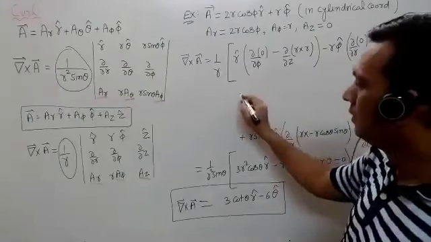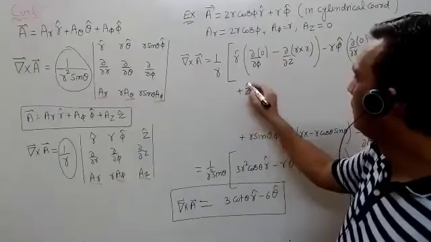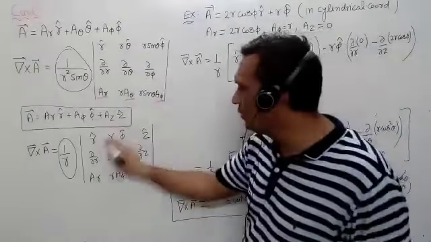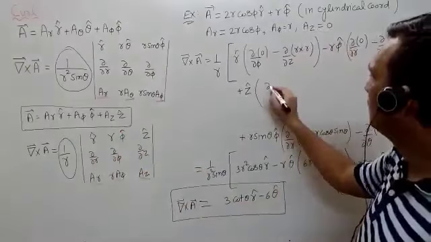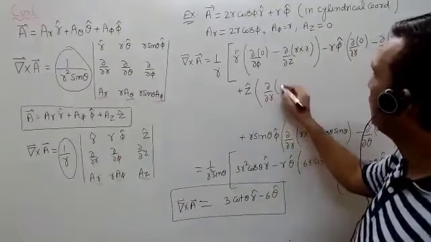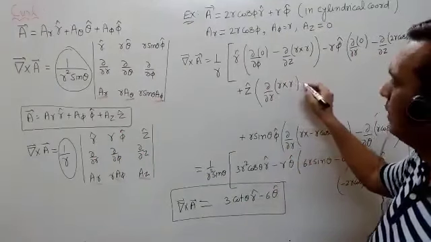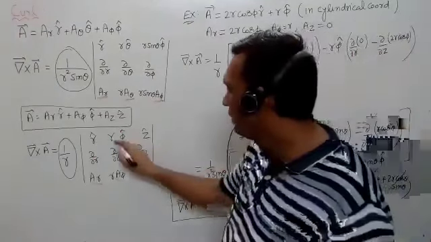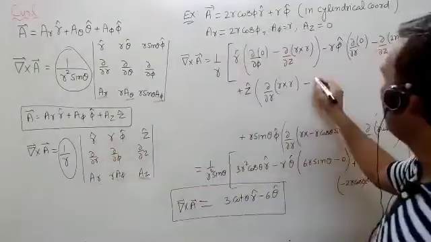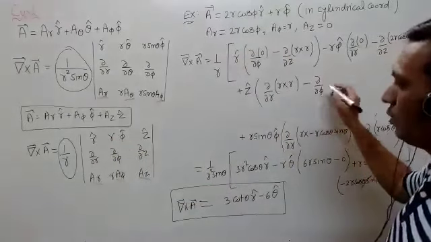And then this Z cap will give you del R into R into A phi. This is R minus del phi into AR.